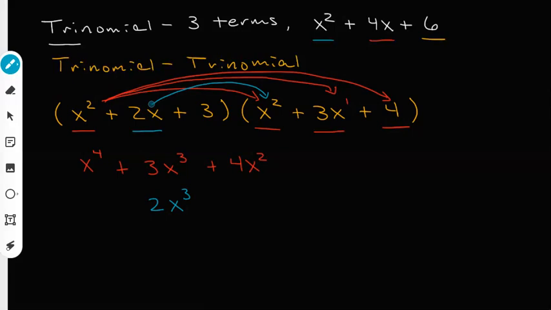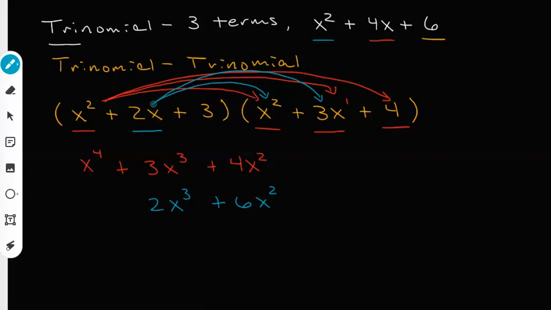Next, we're going to draw an arrow from the 2x all the way to the 3x. What's 2x times 3x? That's going to be 6x squared. So 2 times 3 and x times x gives you 6x squared.